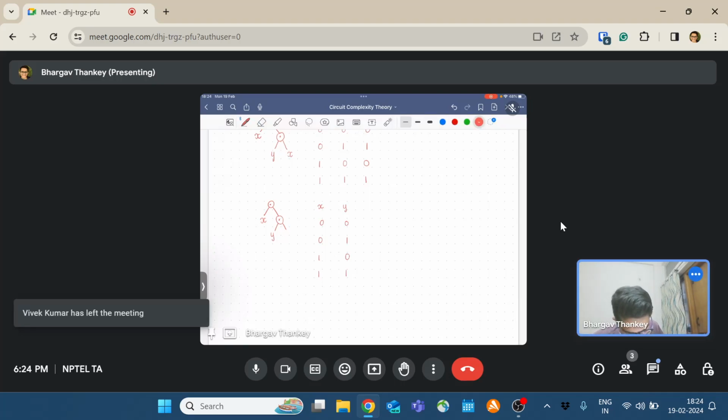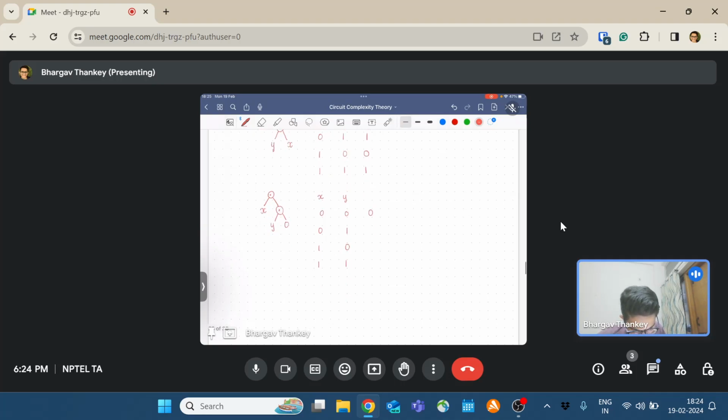Why am I putting x over here? It should be 0. So 0 and y are the same. So this is 1. So x and 1, this is 0. This is fine. So y, these are unequal. So this is going to be 1. So y is 1. This is 0. These are unequal. So this is going to be 0.